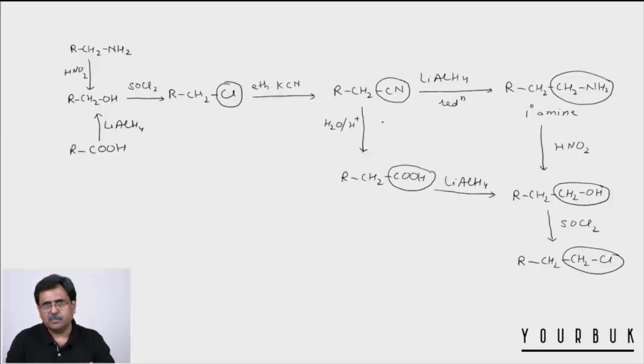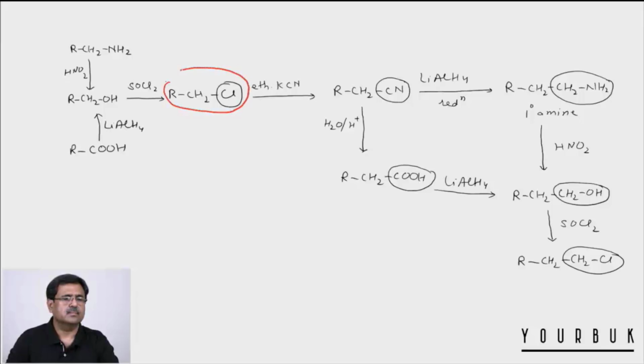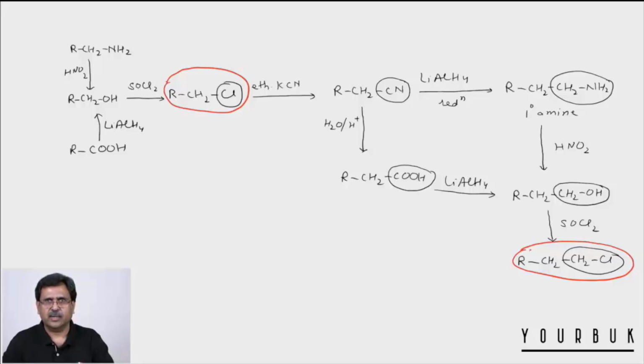So you can step up in any homologous series, but via chloride using KCN. This is the sequence of steps. If you want to step up in alkyl chloride, alkyl chloride to alkyl chloride you can step up.